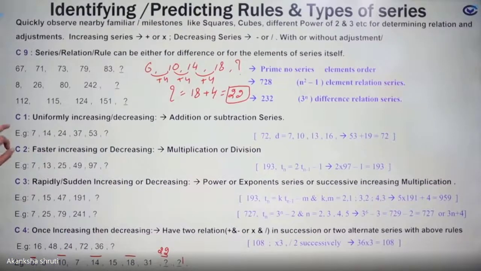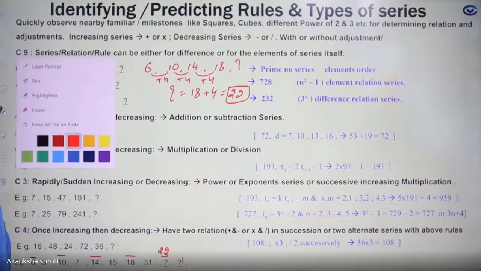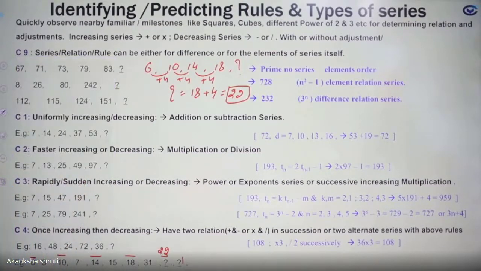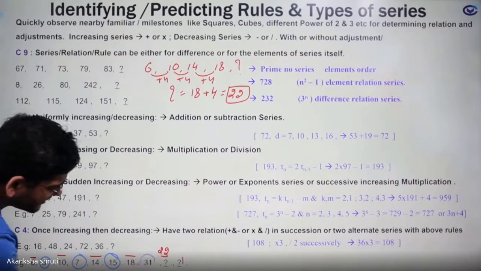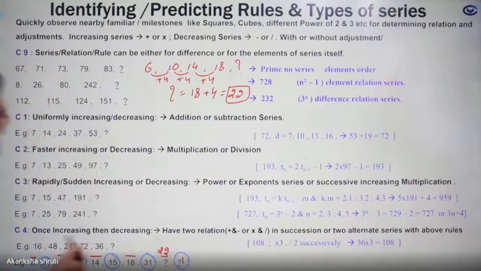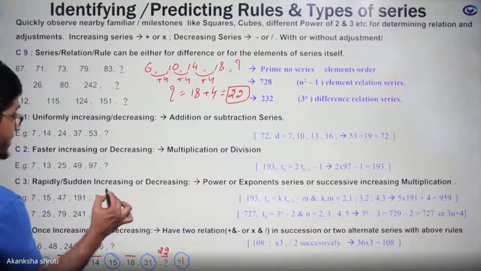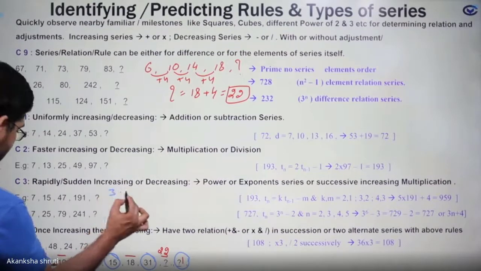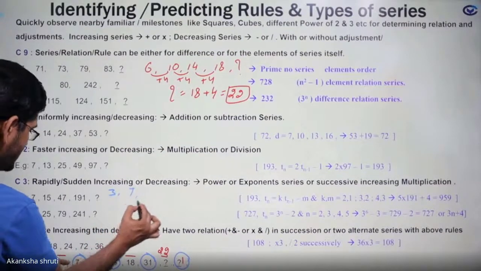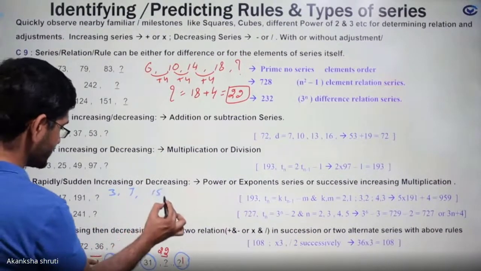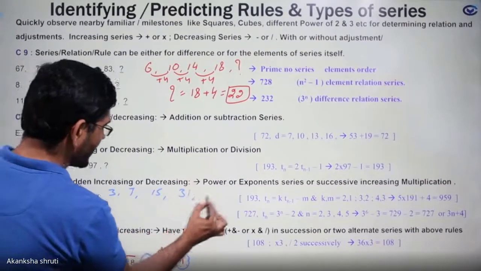Now, for the other one, we have to take the remaining terms at the even places: 3, 7, 15, 31, and the next unknown. So the other series that we separate is 3, 7, 15, 31, and the next.